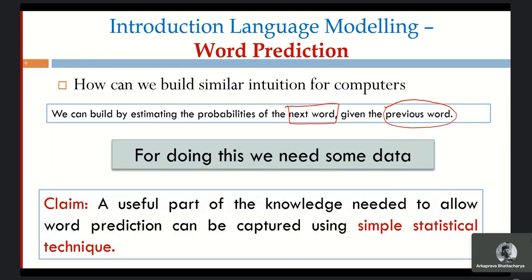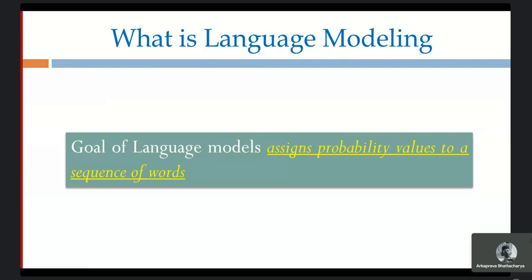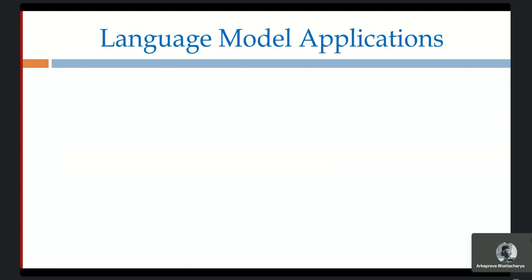So this is where we'll be looking into some simple statistical techniques in order to predict the next word with respect to our previous words. The goal of the language model is to assign probability values to a sequence of words. When I talk about probability assigning, why we want to assign a probability to a sentence is very important to understand.